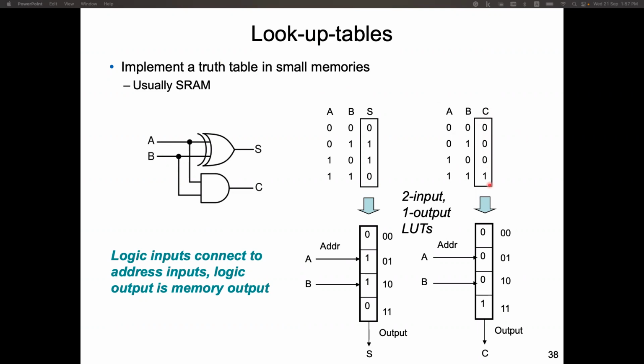So 0, 0, 0, 1 is stored in that memory. So this is the carry output. That's the idea of a lookup table to implement a combinational logic function.